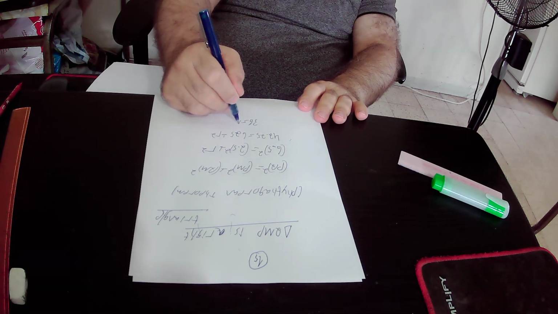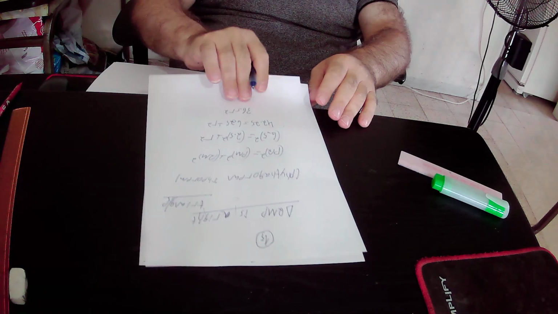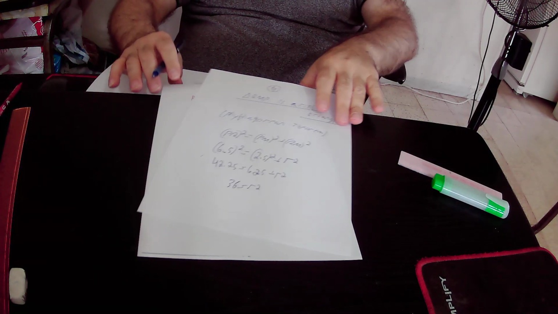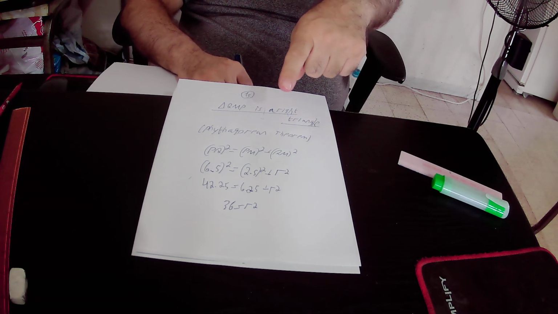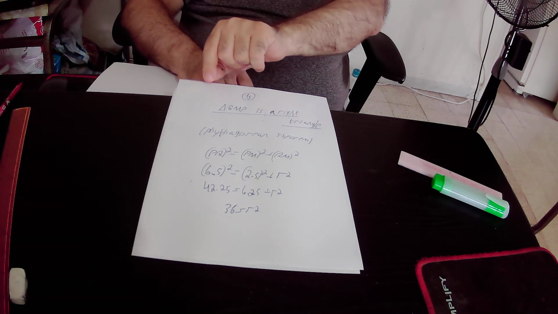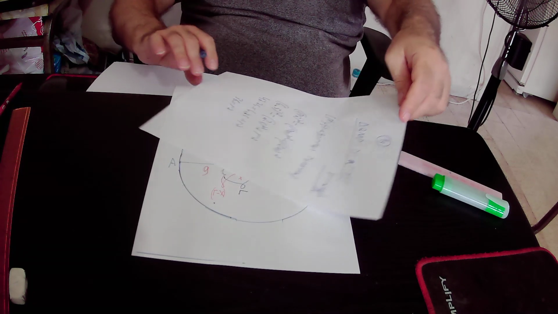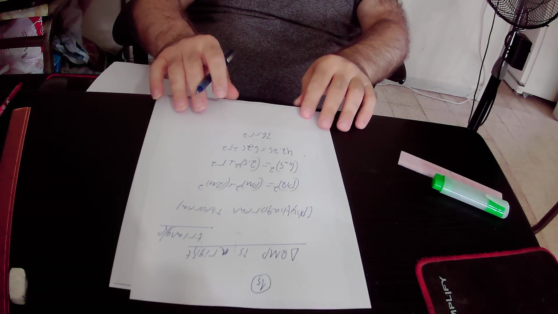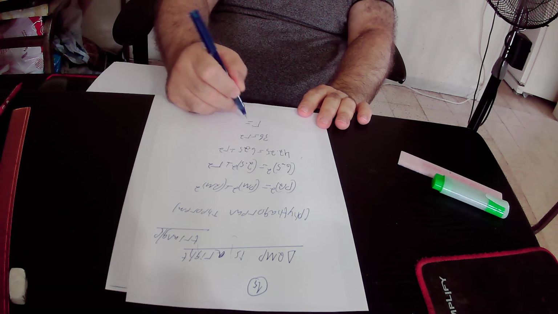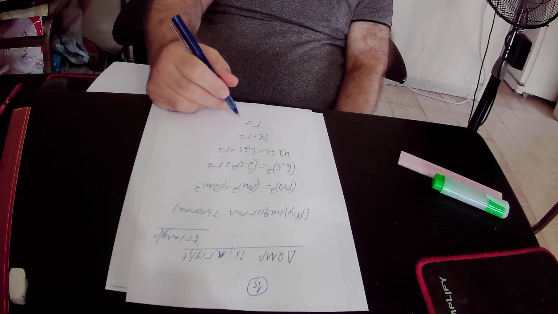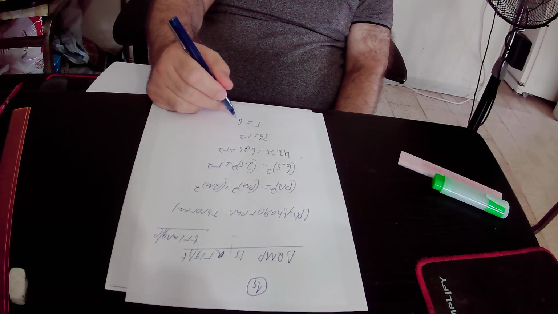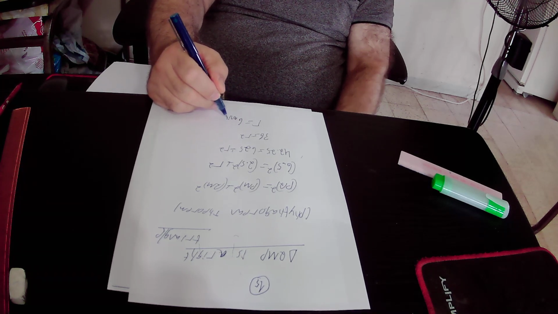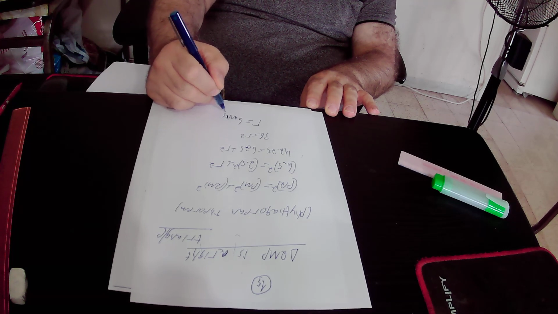So 36 equals r squared. Here we will take a root of this equality and we will get the value of r, that is the radius of the small circle, equals the root of 36. The root of 36 is 6, so the radius of the small circle equals 6 units.